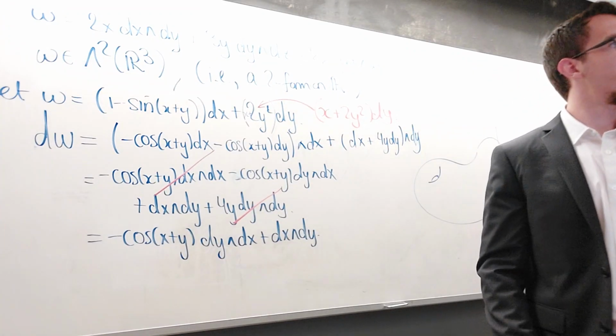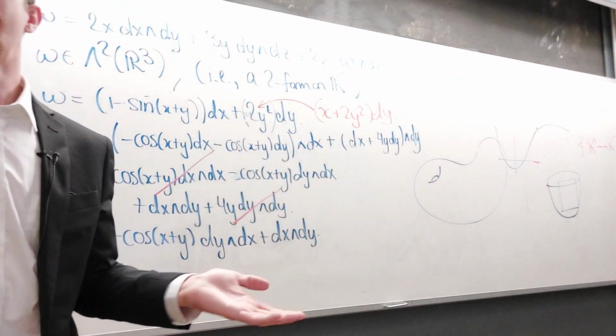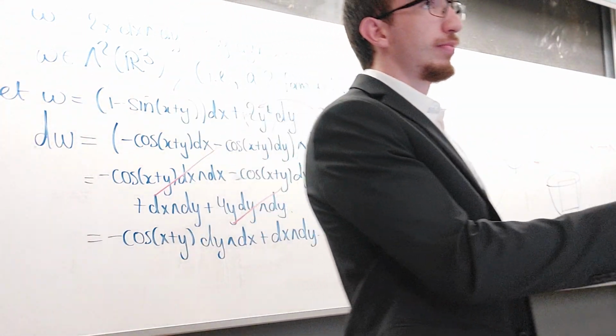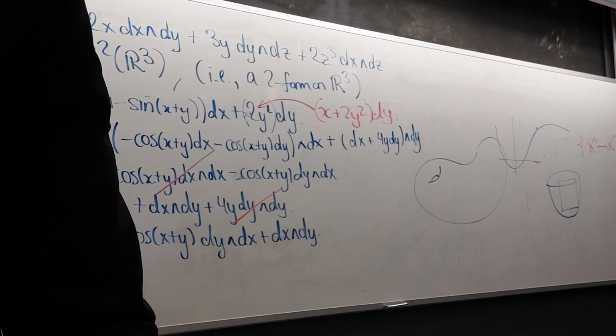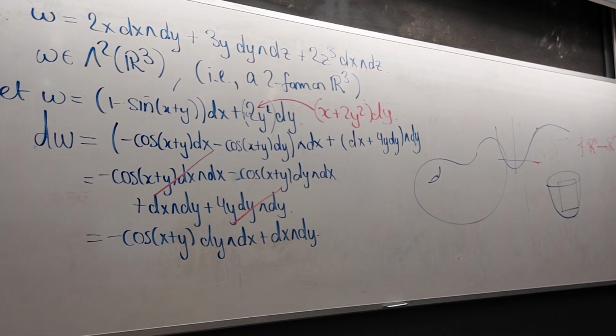What you're used to is not the thing you're integrating over varying, right? You're used to integrating over a line or a rectangle in R2. Now we're looking at integrating over surfaces and things. Does anyone have any questions?